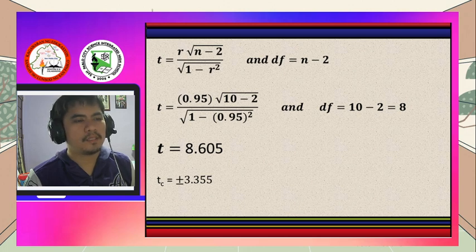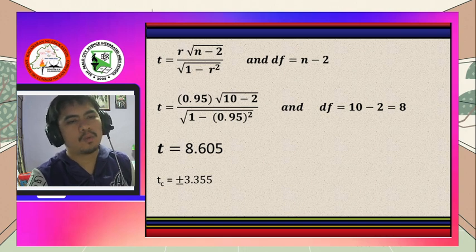So meaning there is a significant relationship that exists between the height of the father and the height of the son. Since there is a significant relationship, we can do a regression analysis, meaning we can predict the height of the son given the height of the father.